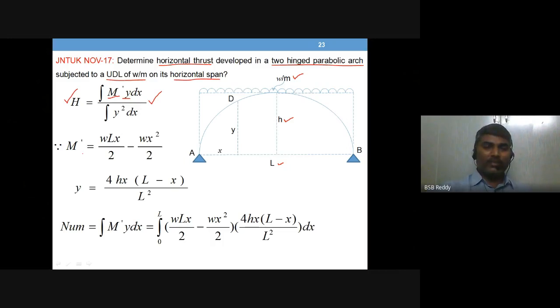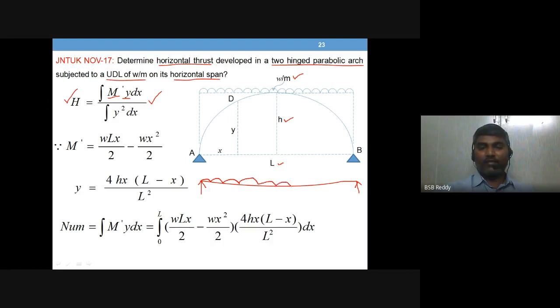So how do you get the M' value? It is again similar to the earlier discussion. Take a beam of the same load and same span.